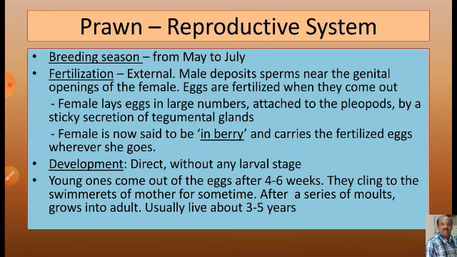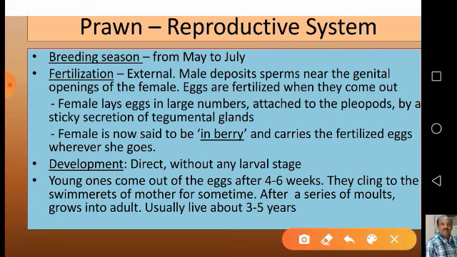So to withstand this and continue their race, many animals produce their eggs in large numbers. In the same way, the female prawn also lays eggs in large numbers, which are attached to the pleopods by a sticky secretion of tegumental glands.